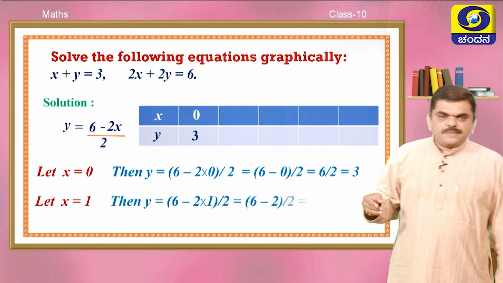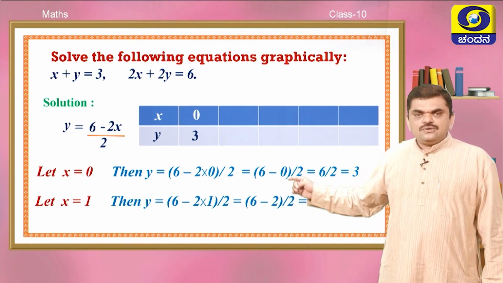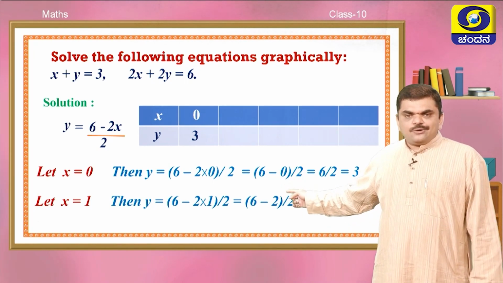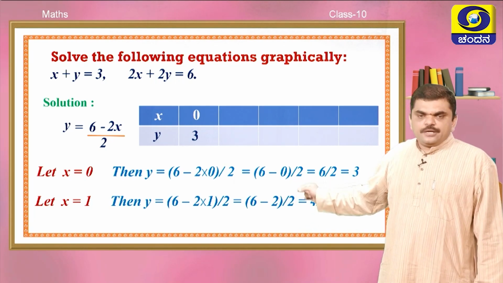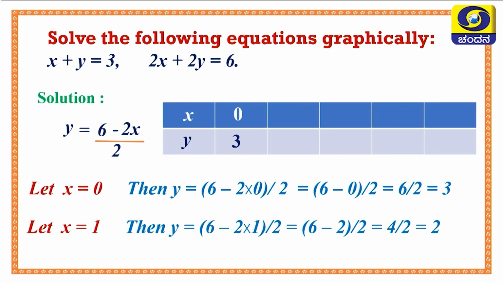Now, when x becomes 1, y is equal to (6 minus 2x) by 2, that is 6 minus 2 into 1 divided by 2. 2 into 1 means 2 only, 6 minus 2 by 2, that is 4 by 2, that is 2. So, x coordinate is 1, y coordinate is 2.